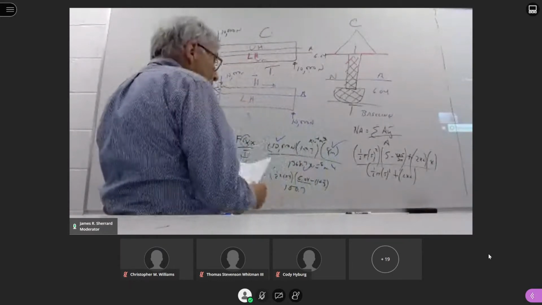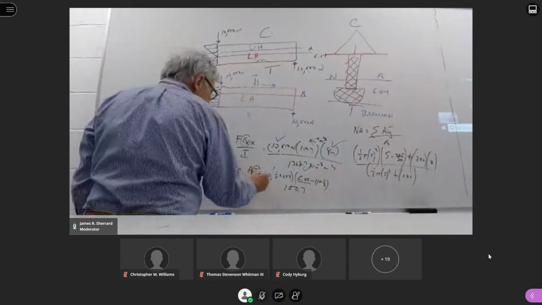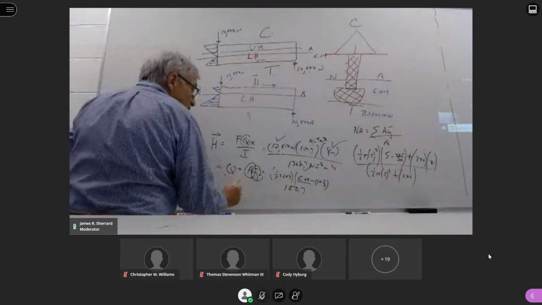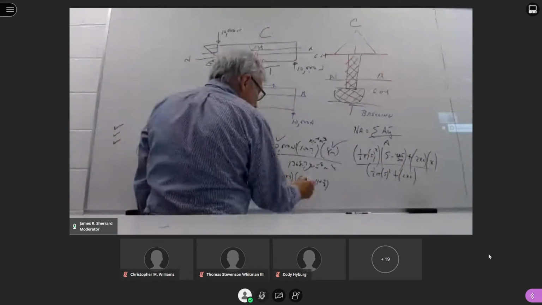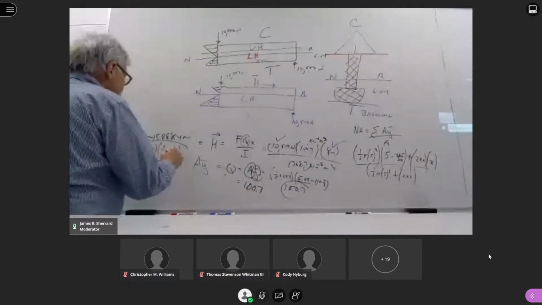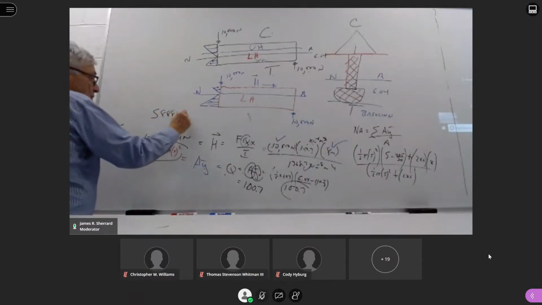And so when I took this algebra, substituted it into here, took this algebra, substituted it into here, lo and behold, I got exactly the same thing that I did before to substitute back in here. So I ended up with, again, 5,888.4 newtons.